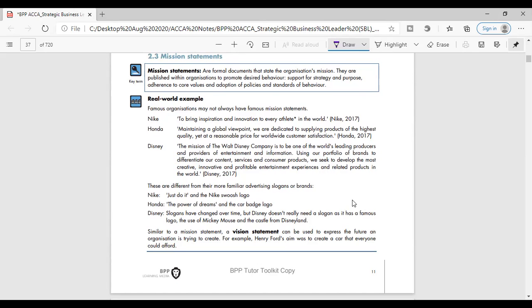To maintain a global viewpoint, quite an important word, global viewpoint, we are dedicated to supplying products of the highest quality, yet at a reasonable price for worldwide customer satisfaction. See, such a smart mission statement, saying the global market I want to capture. Quality should be of the highest level, price should be reasonable.